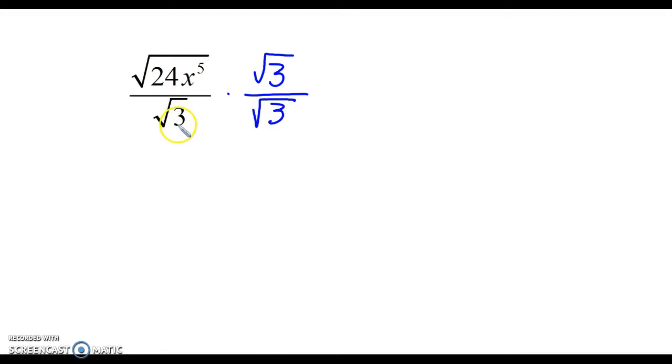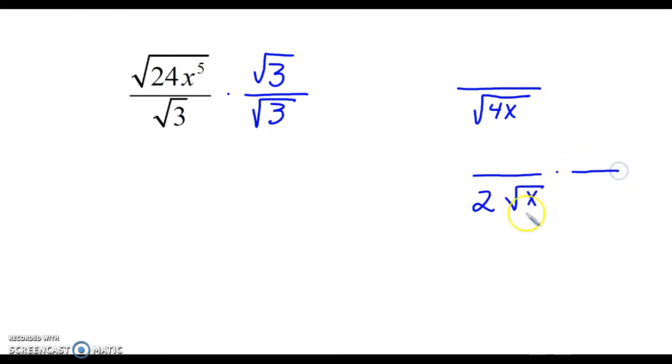If your radical needs to be simplified first, let's say you had something like the square root of 4x in the denominator, the first thing you want to do is take the square root of 4, which is 2, and bring that out. And now you're just dealing with your square root of x. So whatever the radical is, that's your form of 1 that you're using. Okay? And I'll get back to this in a minute, because I think I just started something here. So let's erase that.